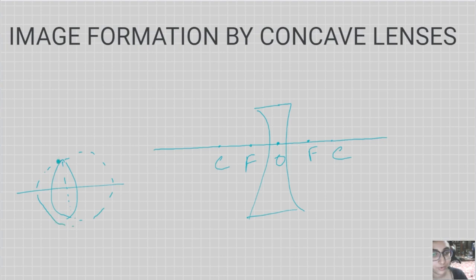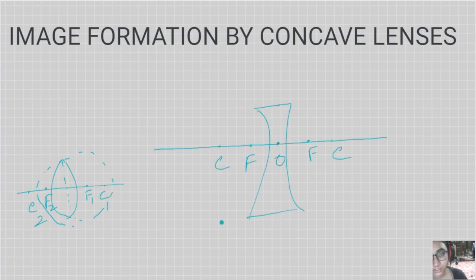For the first reflecting surface, it will be named F1 and C1, then F2 and C2. For concave lenses, the understanding is that things will be opposite.